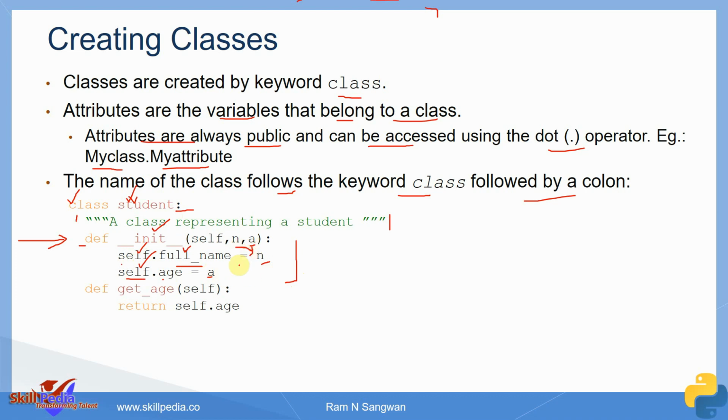So full name will be n, age will be a, and this is setting the values. We write another method here, get age, self, and it will return self dot age. Similarly, we can write another method, get name, and self dot name should be returned by that. This is a simple syntax of creating classes in Python.